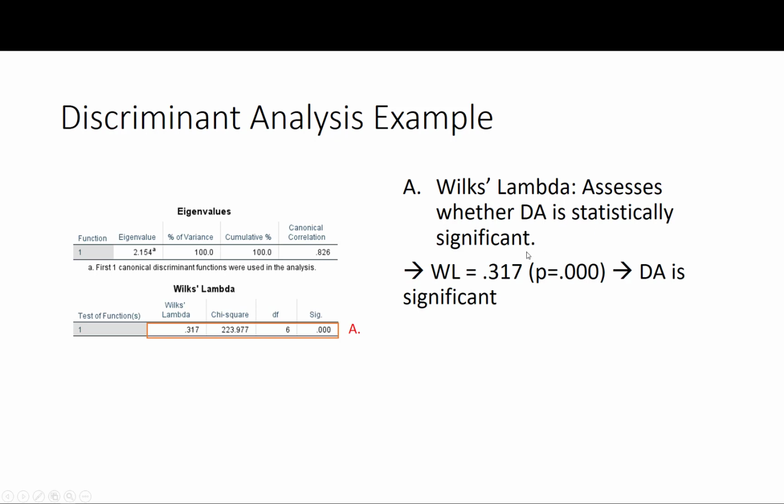The same way that the F statistic in regression shows us whether the regression model is significant, in a discriminant analysis, the Wilks Lambda is what we use to see whether the analysis test itself is significant. In this case, the Wilks Lambda is 0.317, and our p-value is 0.000, which is less than our cutoff of 0.05. So our discriminant analysis is significant, so we continue with our analysis.